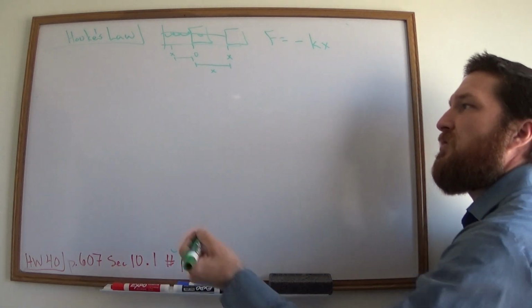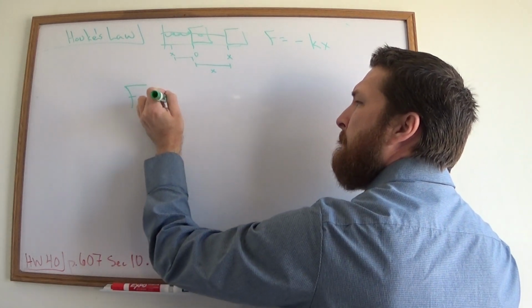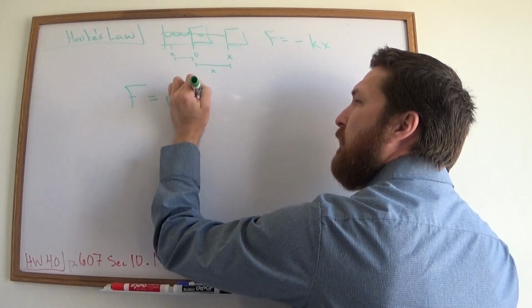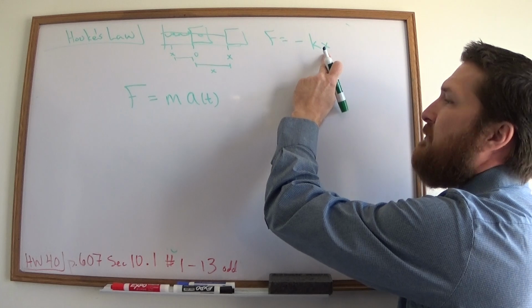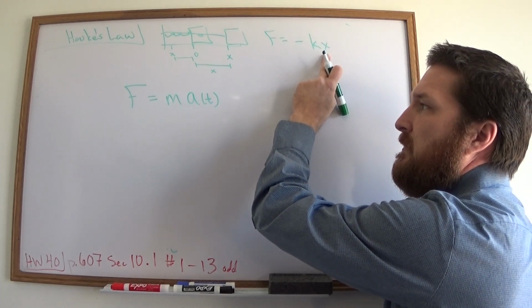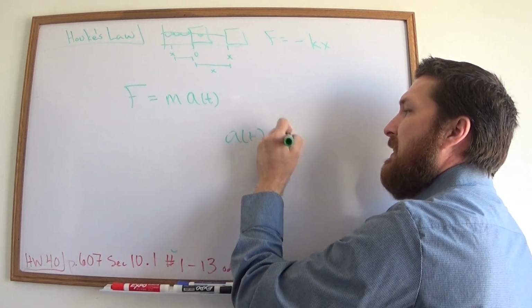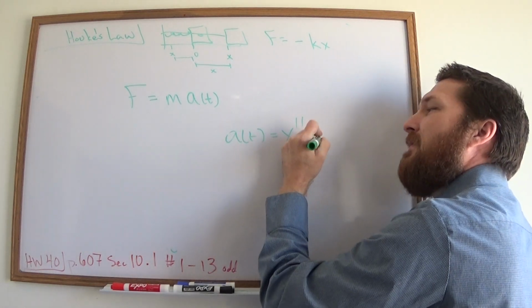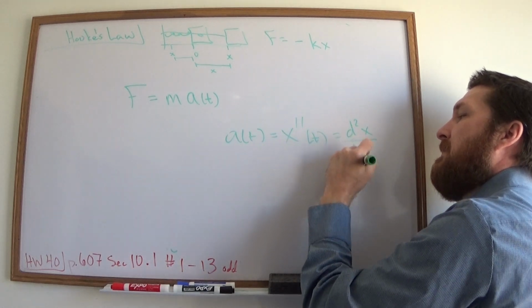But Newton says that force is equal to what times what? Mass times acceleration. But if x is my position, then acceleration is the second derivative of that. Or I could write that as d squared x dt squared.